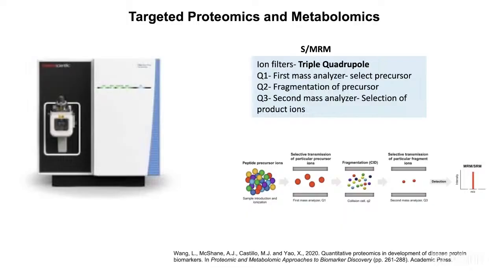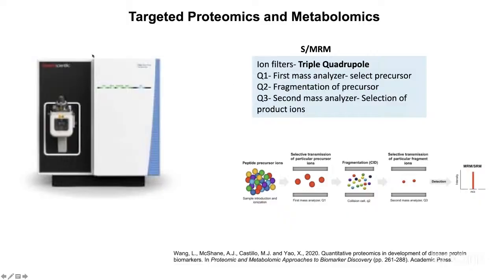You can come to the triple quad based instruments, one possibility, or you can also use the Orbitrap instrument for another possibility. There are two different workflows. One is known as multiple reaction monitoring, which you can use primarily with the triple quadrupole instrument. And you can also do PRM, parallel reaction monitoring, which you can do from the Orbitrap technology.